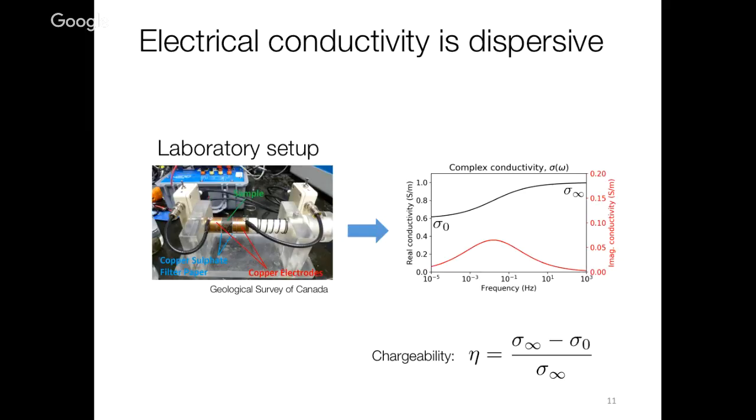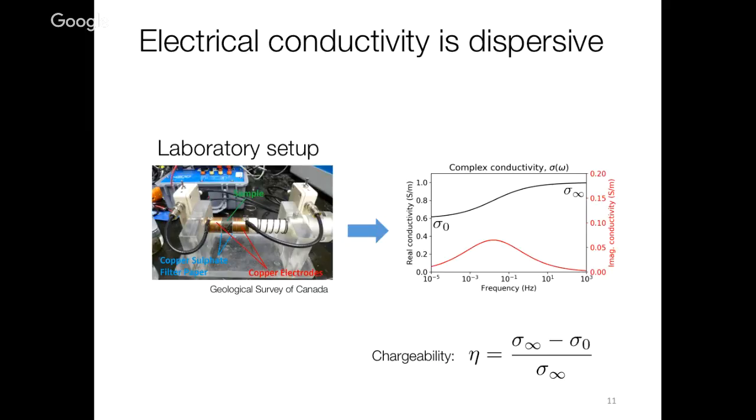And the definition of the chargeability, something called intrinsic charge, is the difference between when frequency is infinite, so this value here, and when frequency is zero, the DC value. And the definition for chargeability is the difference between those two things divided by sigma.